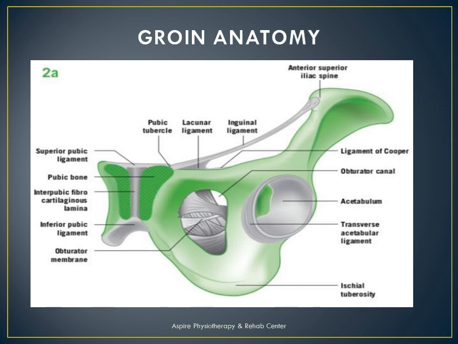An important structure which is starting from the pubic tubercle and ending at the anterior superior iliac spine is your inguinal ligament. It is very important to know the anatomical position of the inguinal ligament because it is associated with a lot of injuries in groin pain.